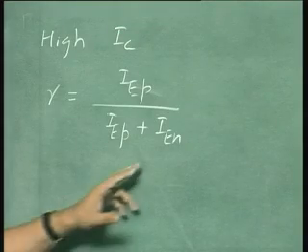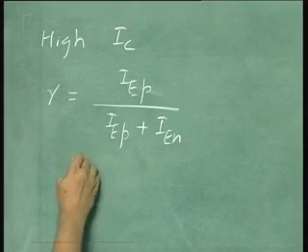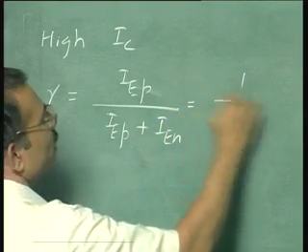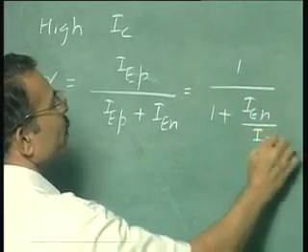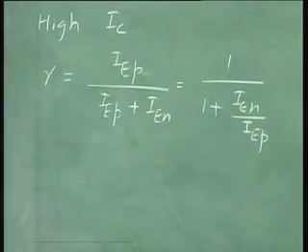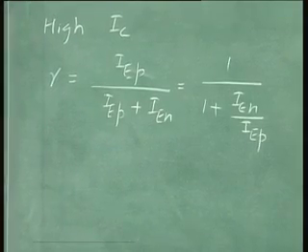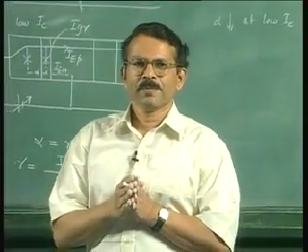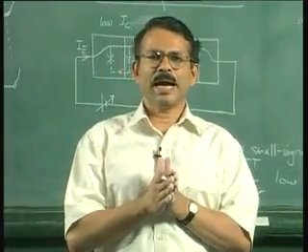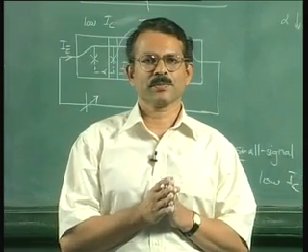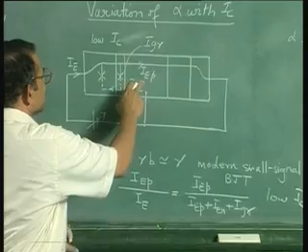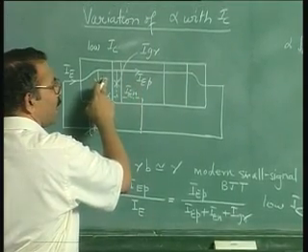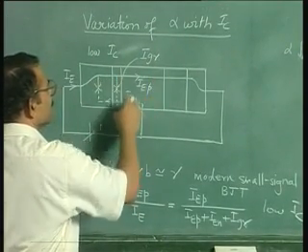However, when you take the ratio, you can write this as 1 by 1 plus IEN by IEP. This ratio IEN by IEP is not the same at very high currents and moderate currents. This is because the base is lightly doped compared to the emitter, so at high currents there is high injection level in the base.